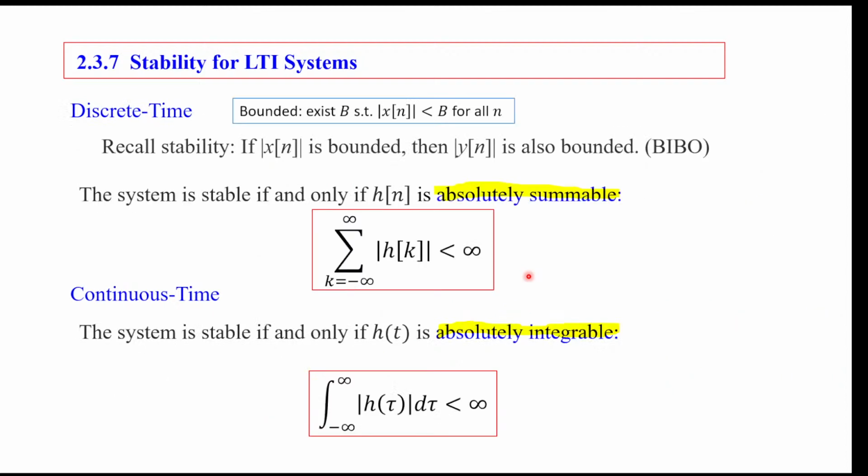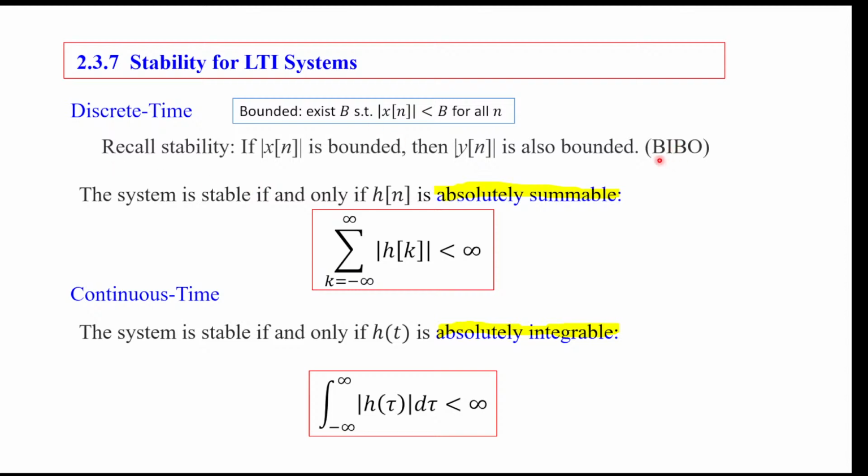So that's causality. The next property is stability. This is a very confusing property, so hopefully you can keep track of the details. Remember the complicated definition: stability means that if x of n is bounded, then y of n is also bounded.